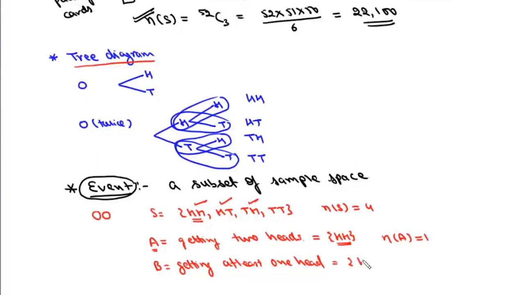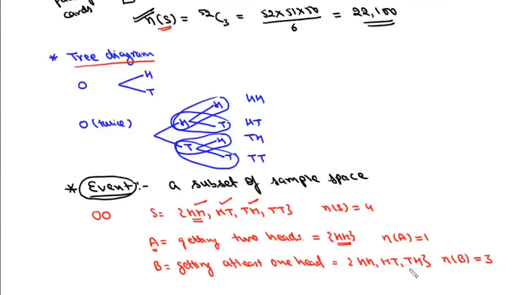So here we'll have 3 cases: HH, HT, and TH. So the number of favorable outcomes, or favorable sample points, in favor of this event B is simply 3.